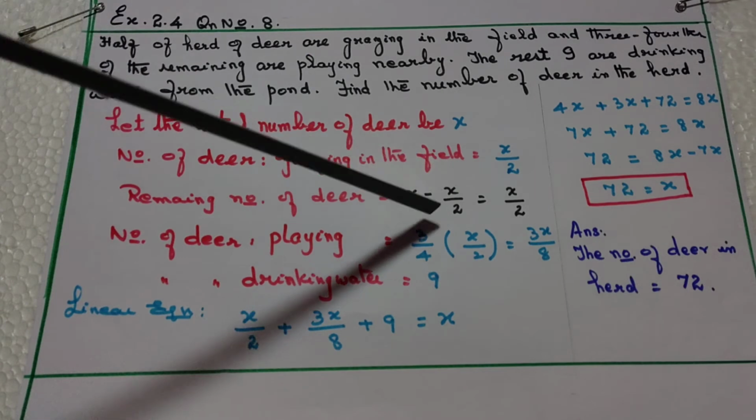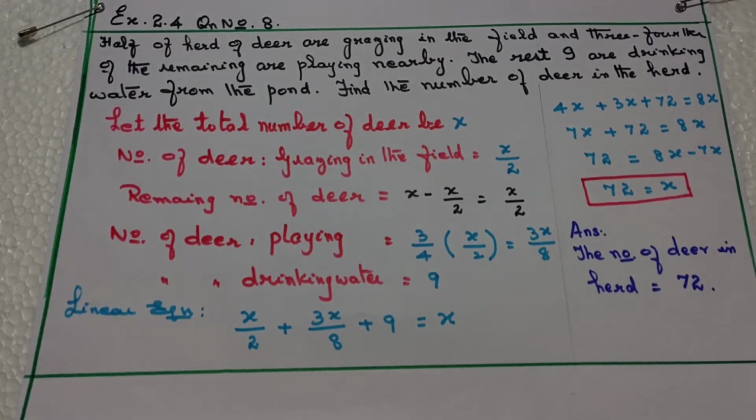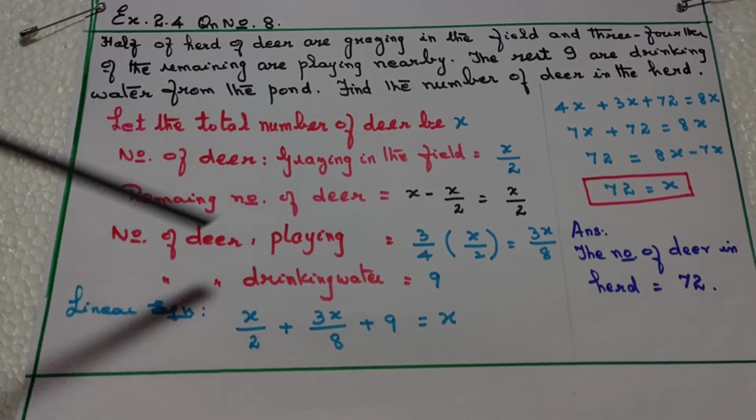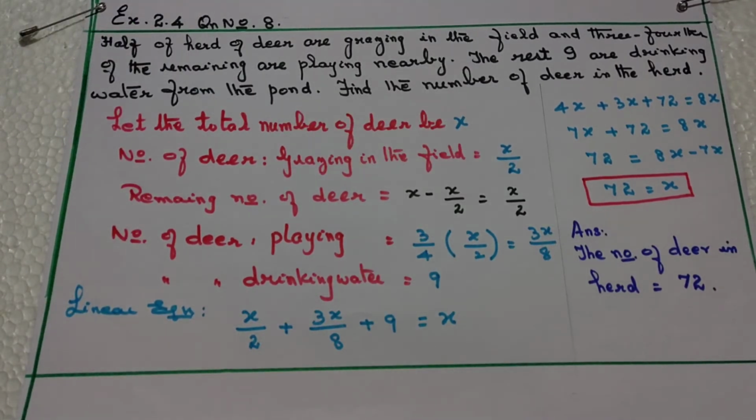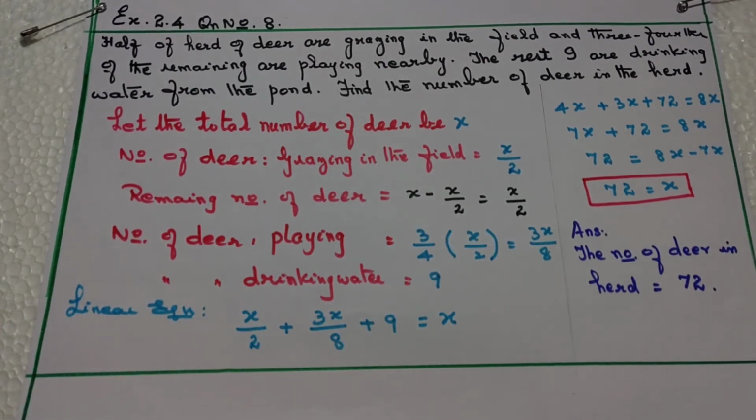Children, in this problem, it is given half. So, we are getting the remaining also half. Even without doing this step, we can easily go for half, right? But in some places, suppose we have 1/4 of the deer or for 2/5 of the deer, then your remaining will change according to that.